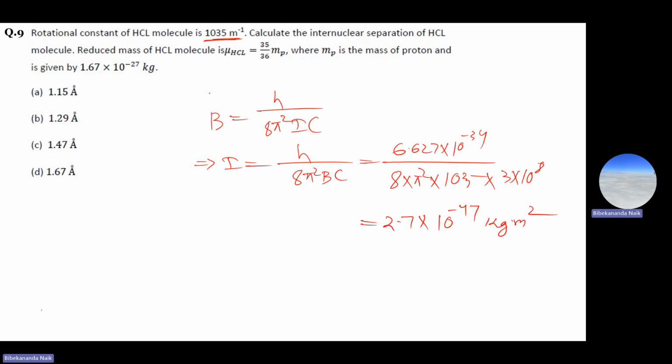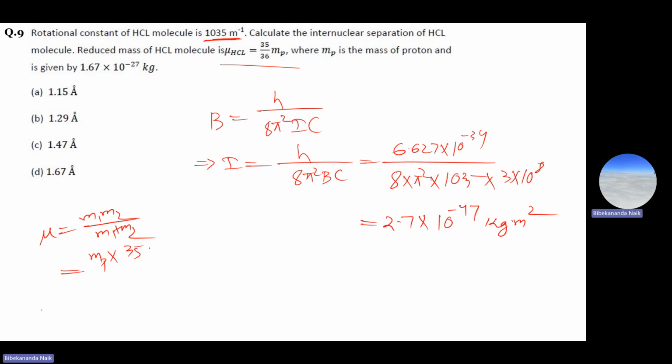Now, the reduced mass of HCl molecule is given, and we know the reduced mass is nothing but M1 M2 divided by M1 plus M2. For HCl, one is hydrogen, another is chlorine. For hydrogen, there is only one proton, and for chlorine, there are 35 protons, or protons plus neutrons. So we will consider proton and neutron mass to be equal, and take it as mass of proton.